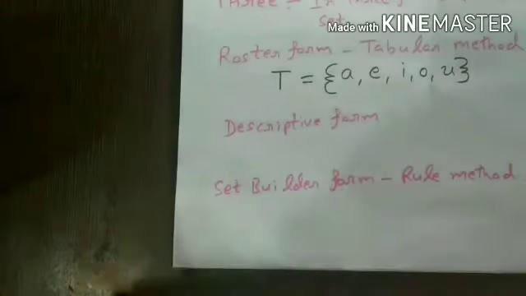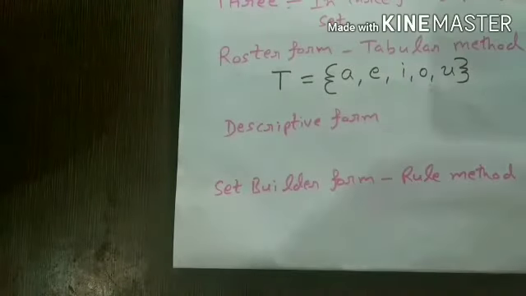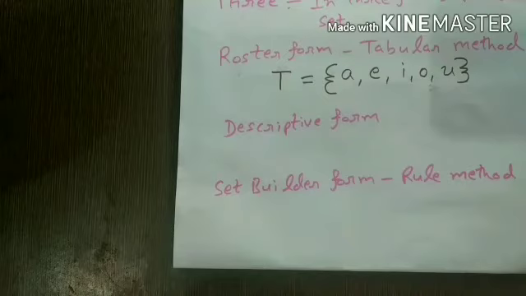Now descriptive form. Descriptive form is the form in which a sentence is written that gives us the idea of the common property of all the members. So students, let us see how I will write this set in the descriptive form.